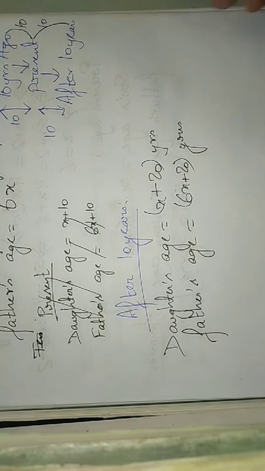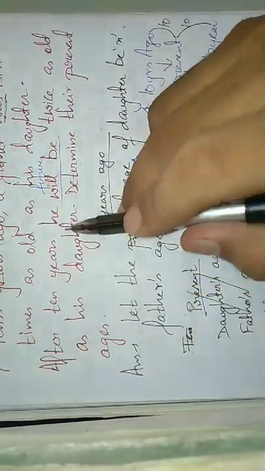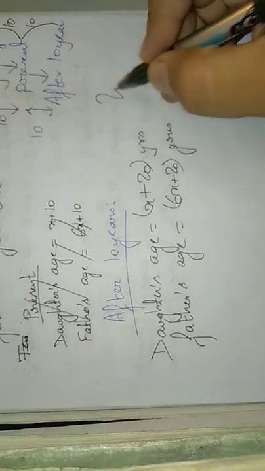Okay. So what did the question say? That after 10 years, there should be a comma over here. This comma means that after 10 years you have to do some calculation, and this is the calculation. Understood? After 10 years he will be twice as old as his daughter.